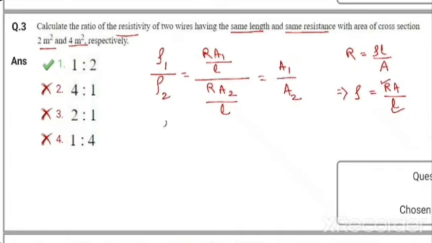So the ratio of resistivity is 2 by 4, that equals 1 by 2. So 1 is to 2 is our correct answer.